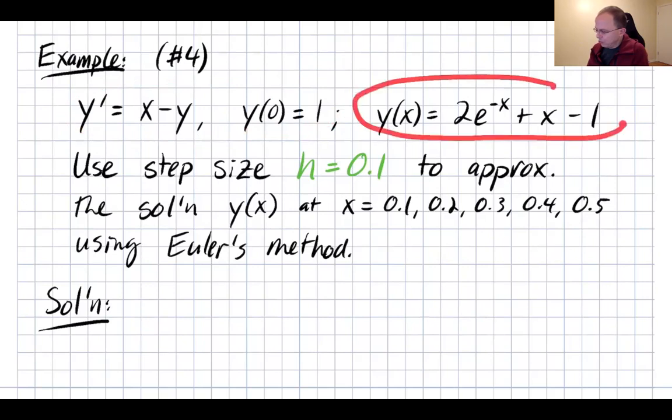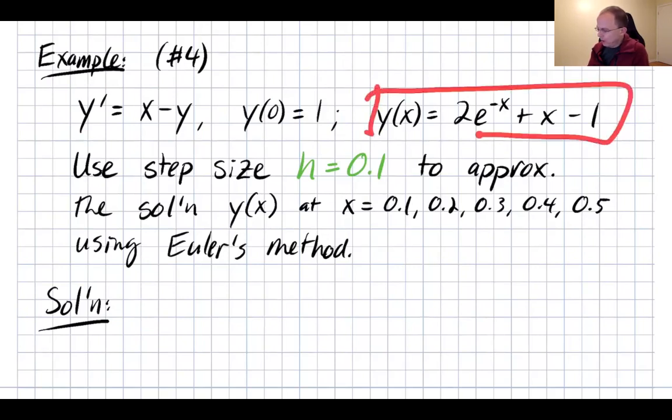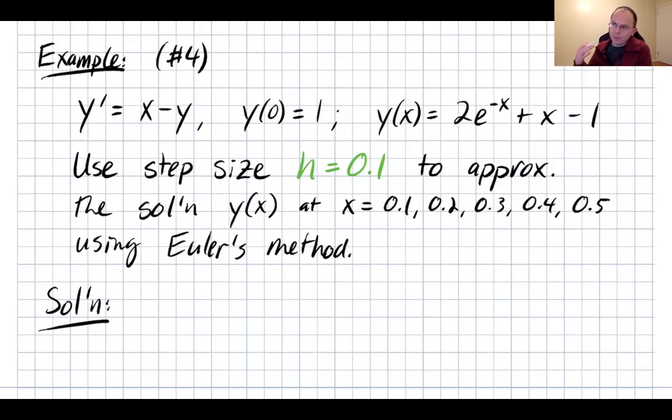It's pretty easy to check or to solve by hand. We're just going to use this to compare. Normally you wouldn't have the actual true solution like this in practice, but this will allow us to see how much error there is in this approximation.